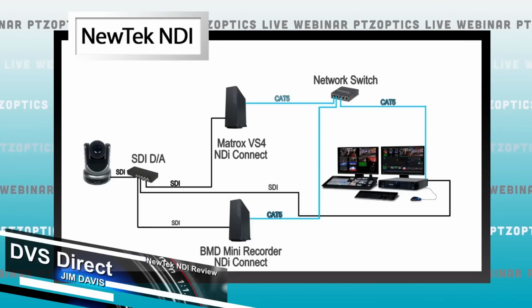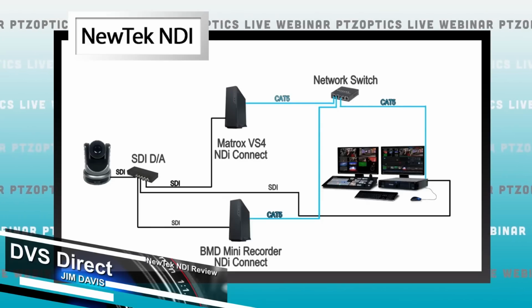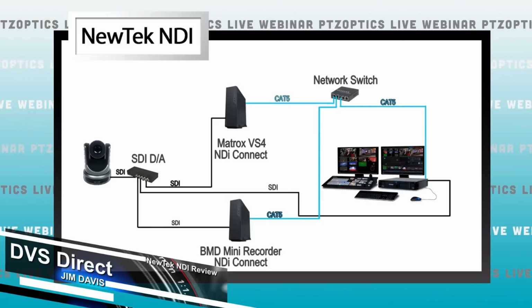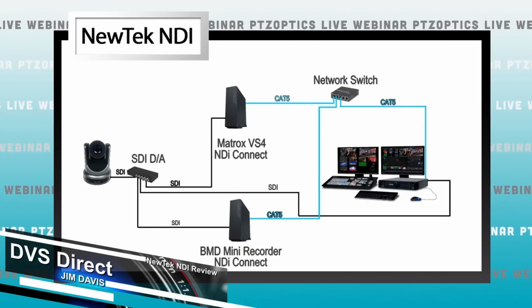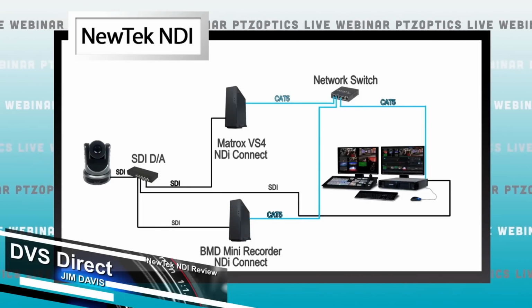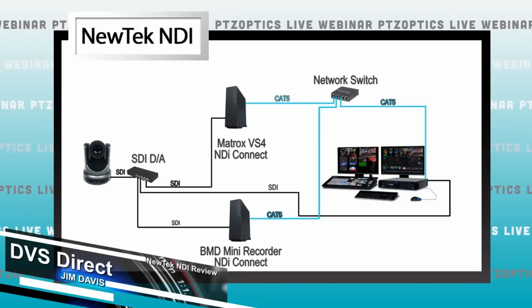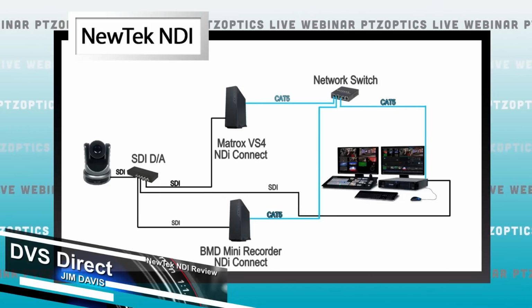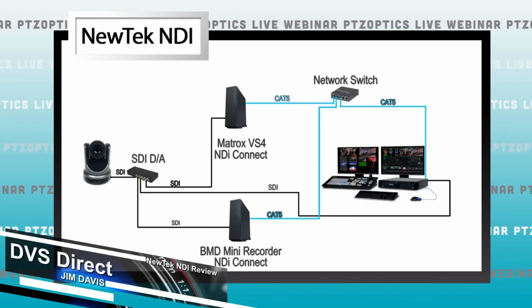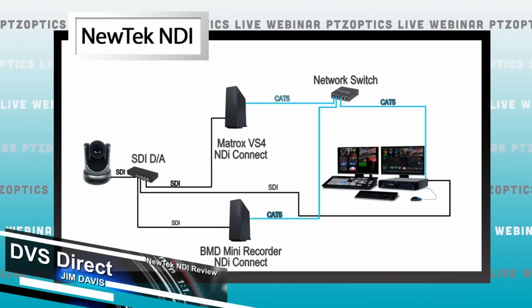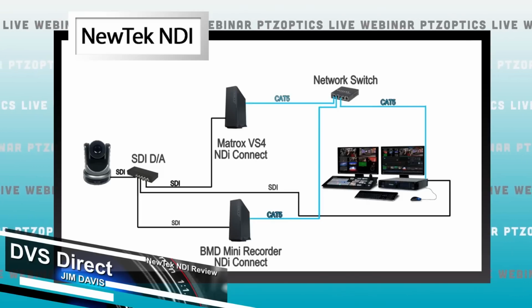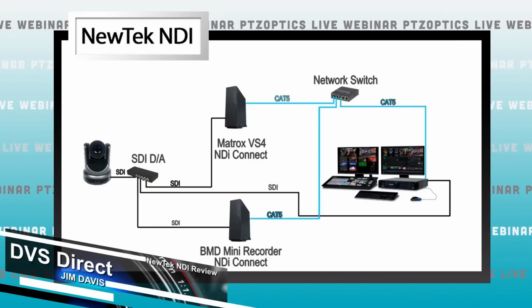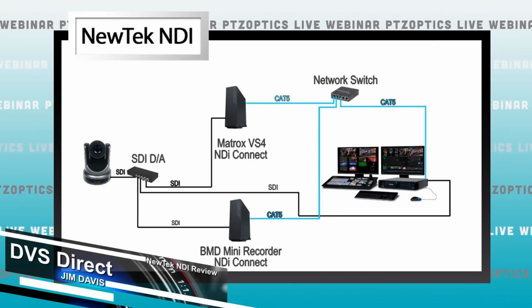The second source goes into a Blackmagic Design mini recorder in a second NDI Connect box that I built. And the third video goes into input number 1 in the TriCaster. That gives me a point of reference to compare the local SDI source to the NDI sources coming in over the network.